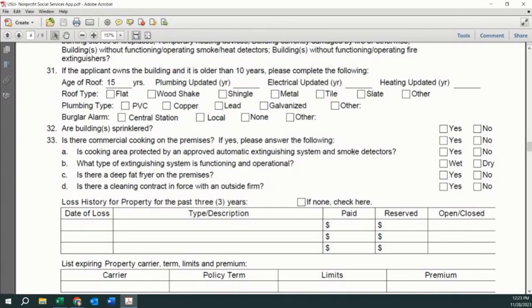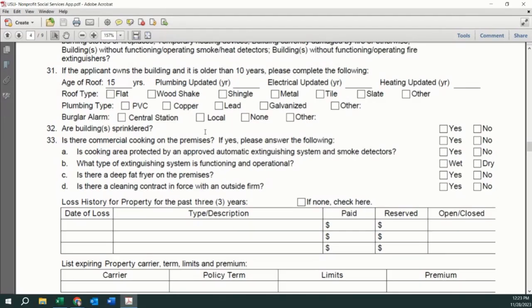And so what that means is that if your LLC owns a single family house, for example, and is letting your nonprofit lease that house, then your LLC is probably going to already have the structure insurance, and it may or may not have contents insurance for what's inside the structure.